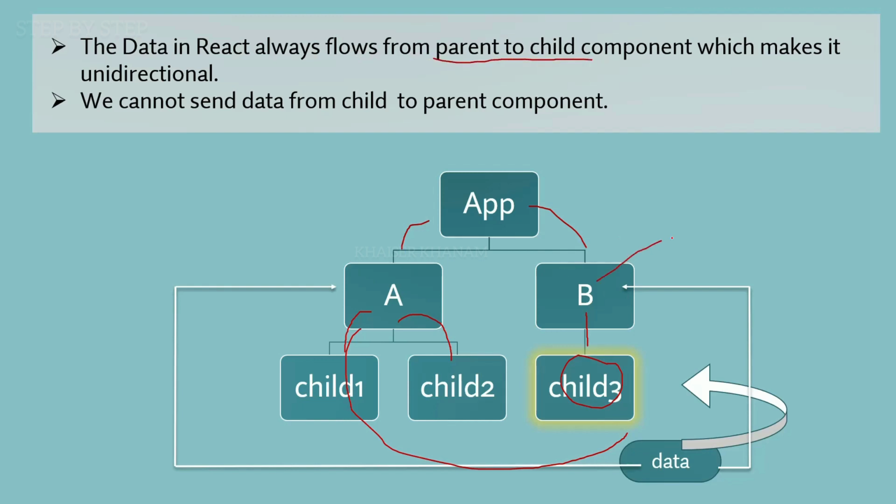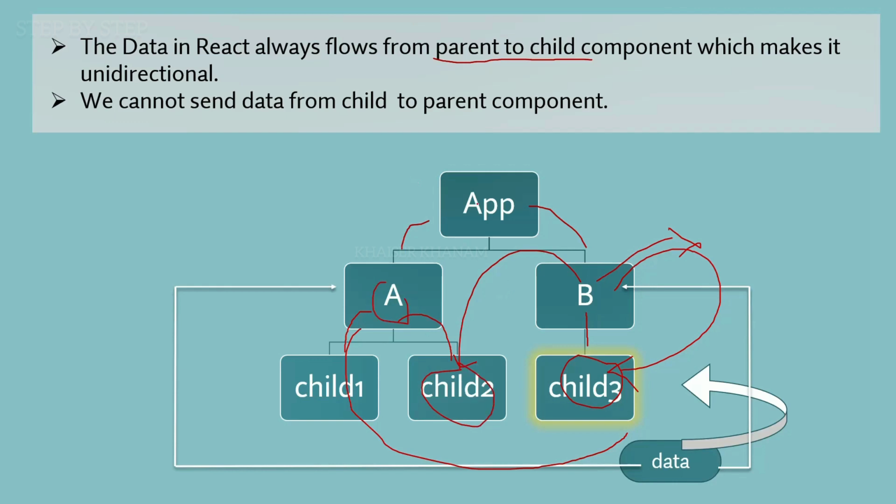Suppose I was having data inside this component B, then I can easily pass this data here. But from child 3 to B, I cannot pass this data. Child to parent is not possible, because the parent should be holding the data.